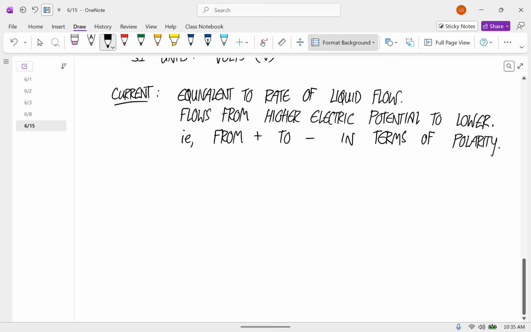The SI units are amps. It's really amperes, named after some old French guy named Ampere, but everybody says amps. And it's denoted with a capital A.